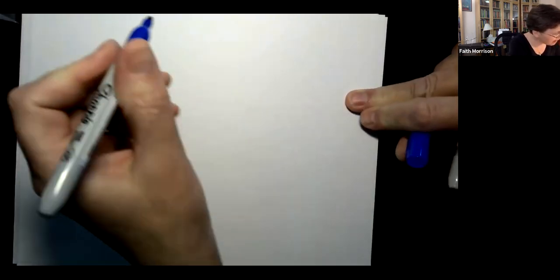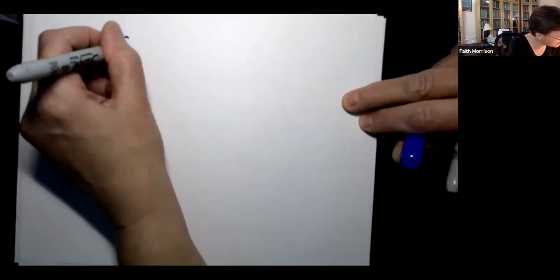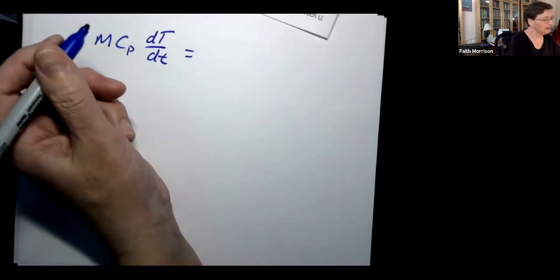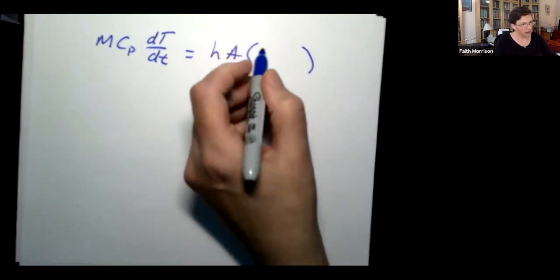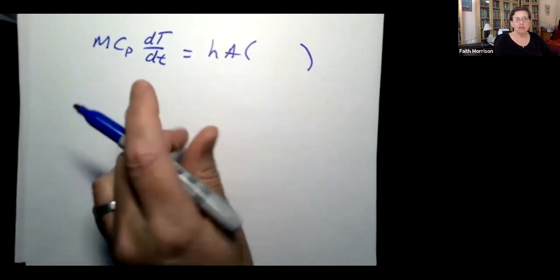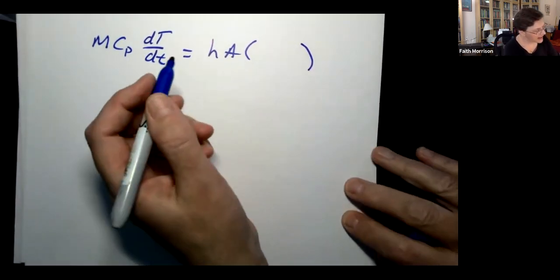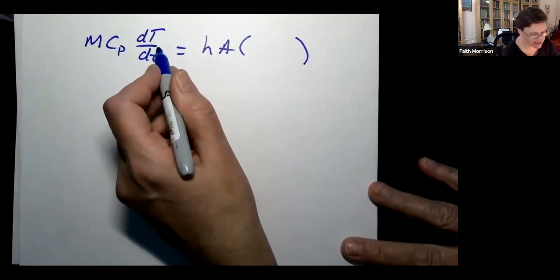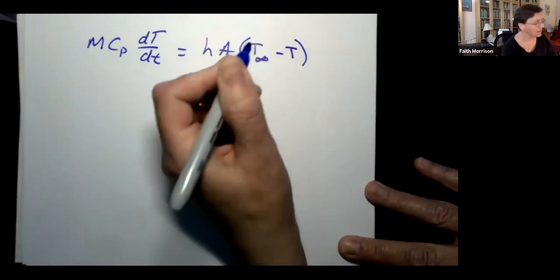What do we have here? We have the mass of the system times its heat capacity, CV, CP, whatever we can find, dT/dt equals hA delta T. The temperature is going down, and we have to match the sign here, so it's going to be the bulk temperature minus the temperature of the part.